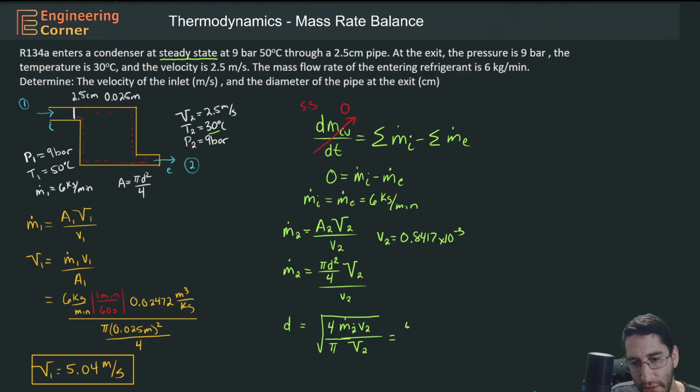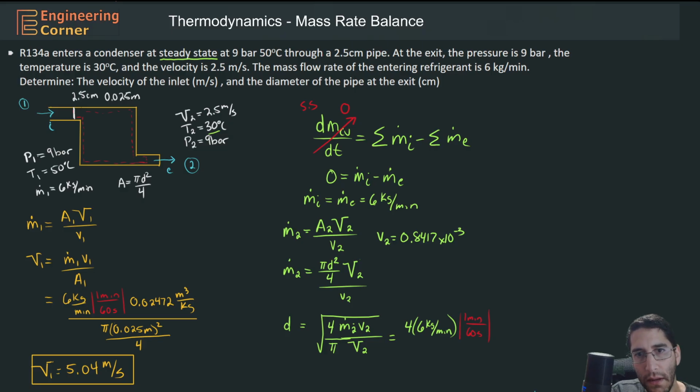So this is going to be equal to 4 times m dot, so 6 kilograms per minute. Let's deal with those units. So again, we're going to have 1 minute over 60 seconds.